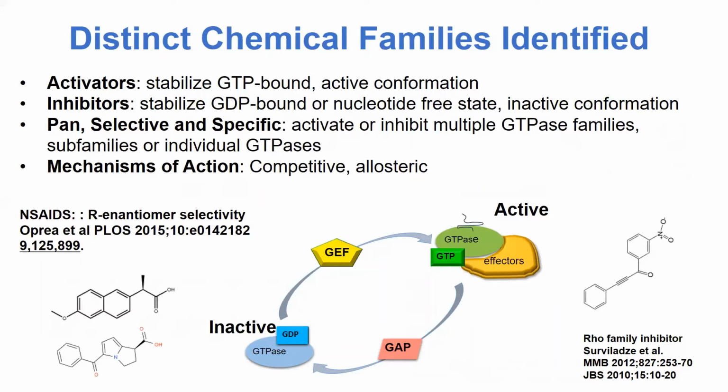These include pan, selective, and specific regulators, which activate or inhibit multiple GTPase families, subfamilies, or individual GTPases. The mechanisms of action may be either competitive or allosteric. Shown here are examples of nonsteroidal anti-inflammatory drugs and a selective Rho family inhibitor. I'd like to spend the rest of my time highlighting several examples of small molecules.